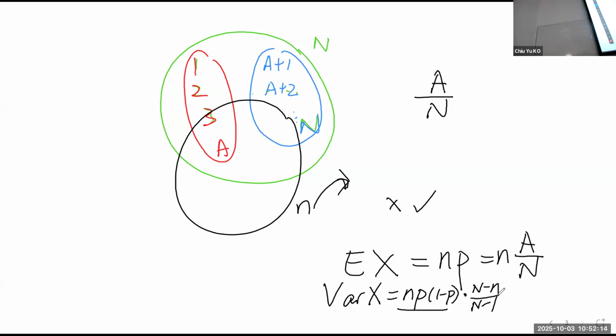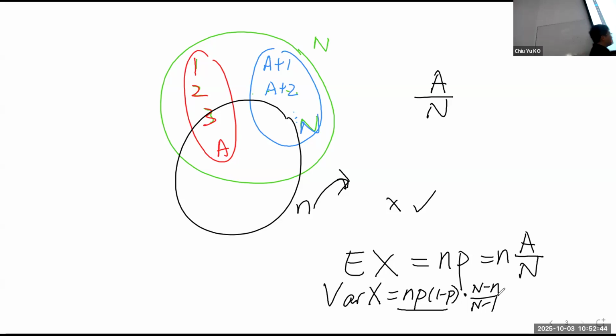So your variance will be decreasing as you draw more items. When you draw without putting it back, the variation is less. When you have very little left, there's not much variation. That's why this is what we call the finite sample correction. It is less than 1.